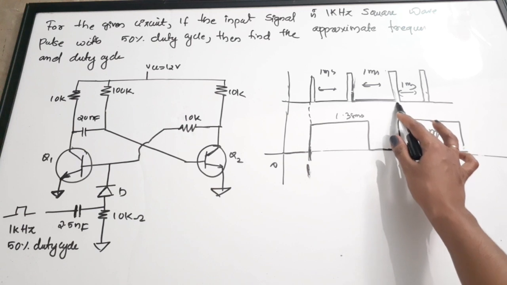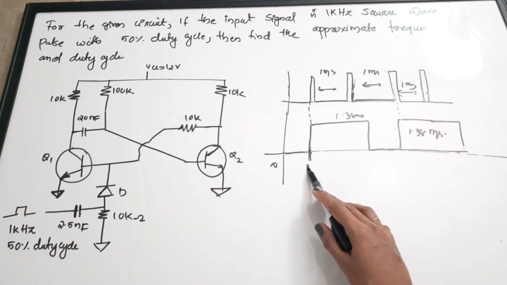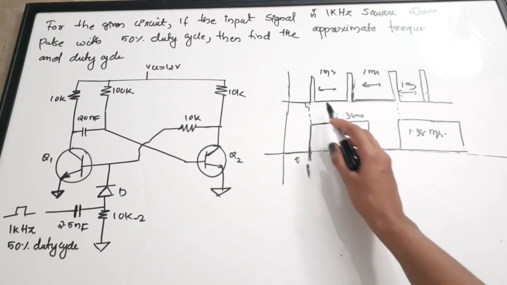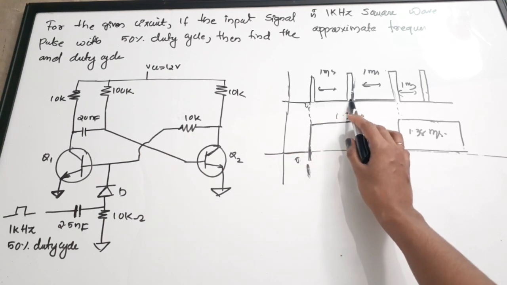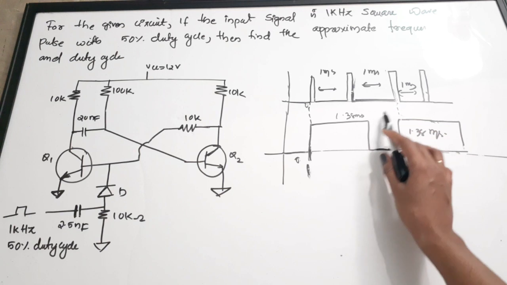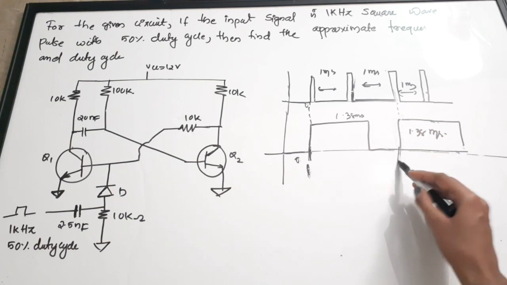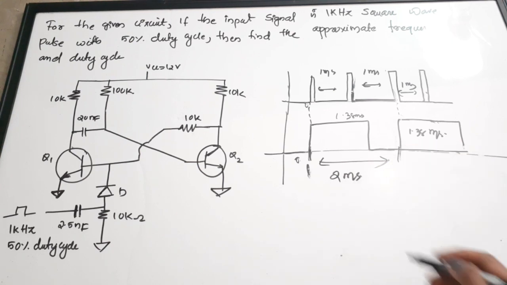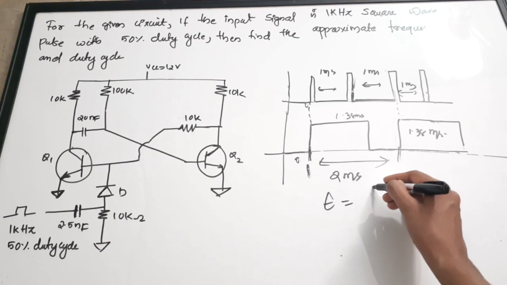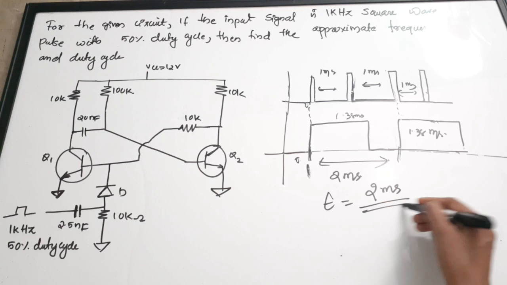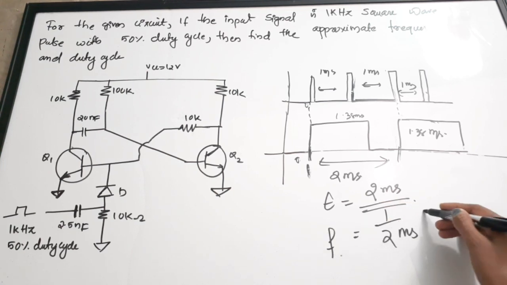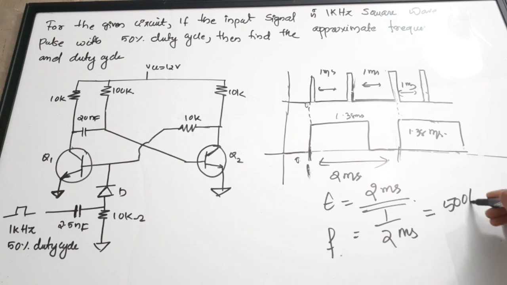Consider this point as 0 for the time being. From 0, 1 millisecond, then after 2 milliseconds the next pulse has come. So the time period of your output waveform T is equal to 2 milliseconds. So the frequency F is equal to 1 by 2 milliseconds, which is equal to 500 Hertz.